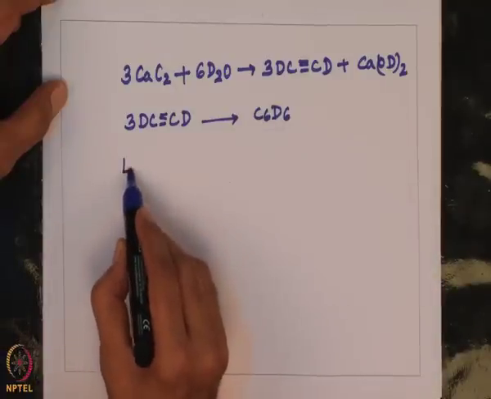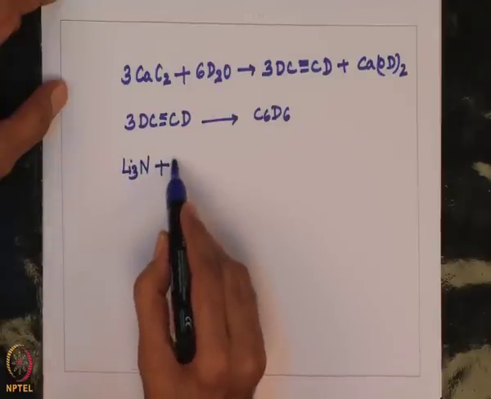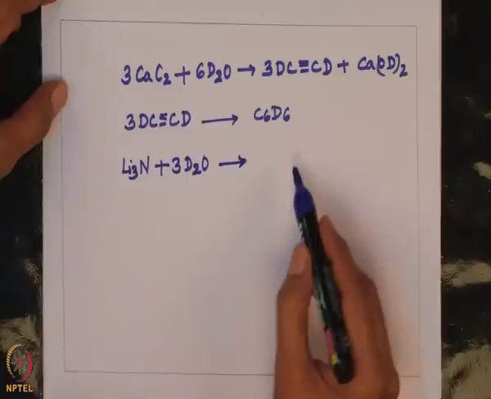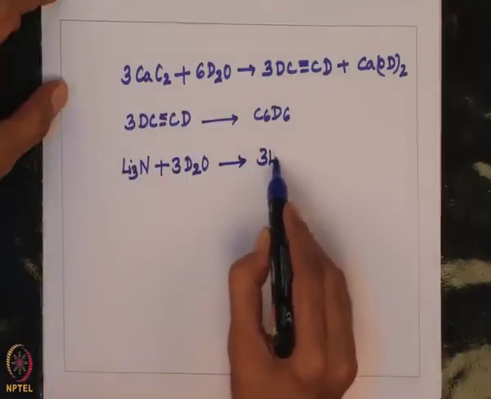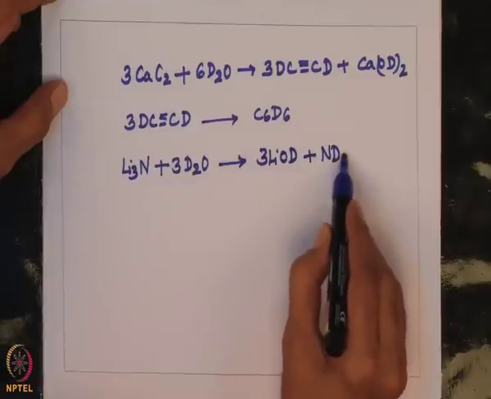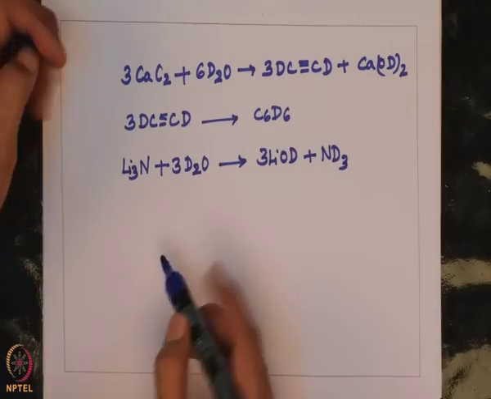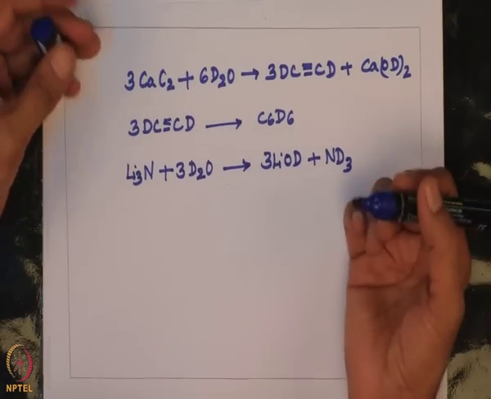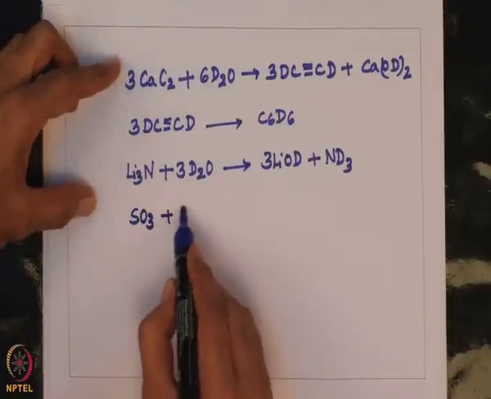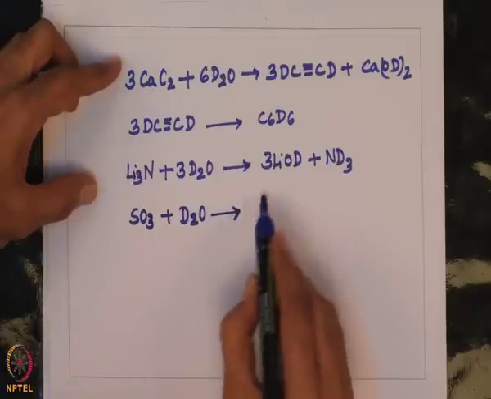Similarly, when we treat lithium nitride with D2O, lithium nitride undergoes hydrolysis to form lithium hydroxide plus deuterated ammonia. Similarly, one can also prepare D2SO4, the analog of H2SO4, by treating SO3 directly with D2O.